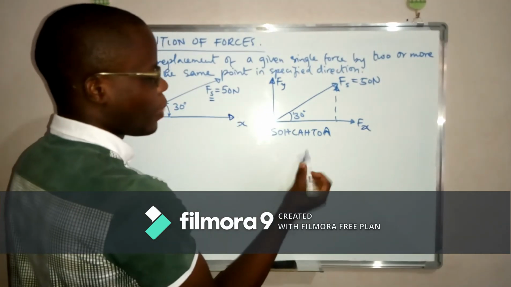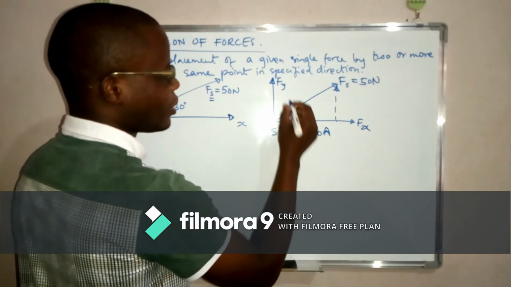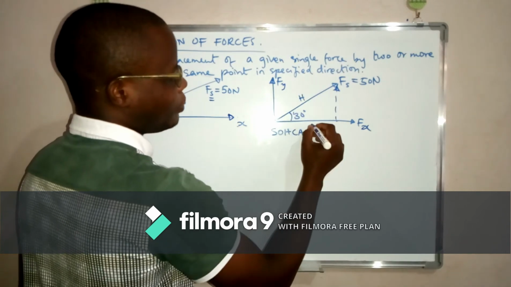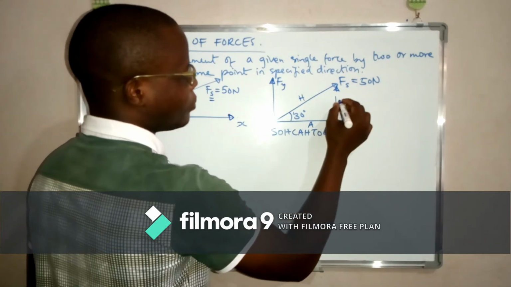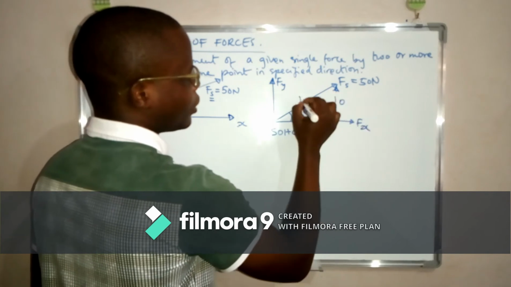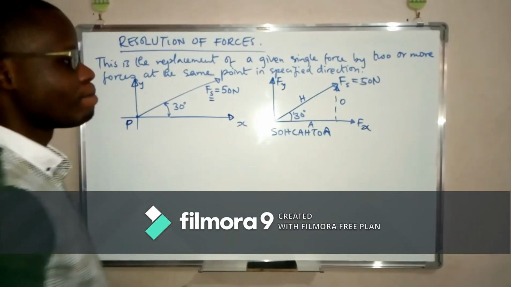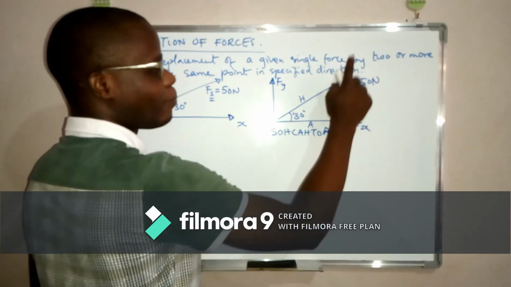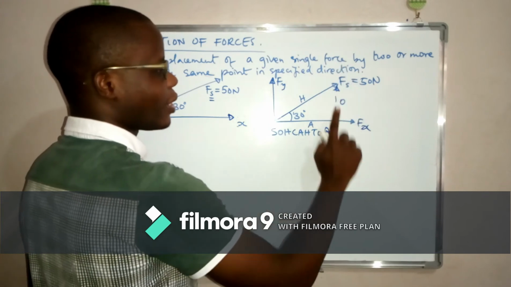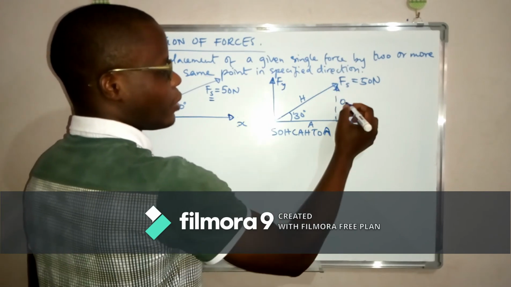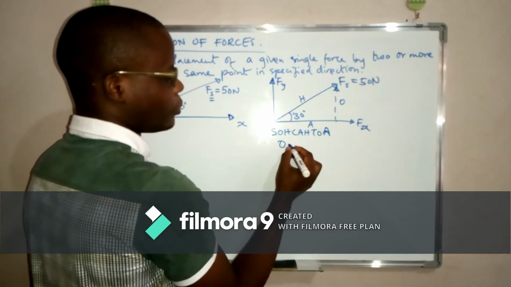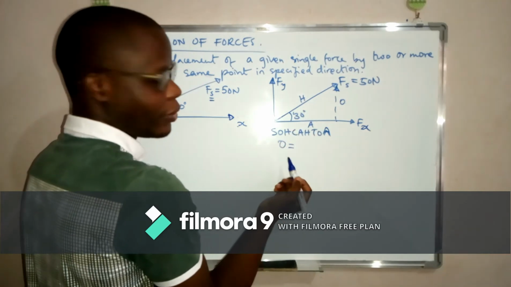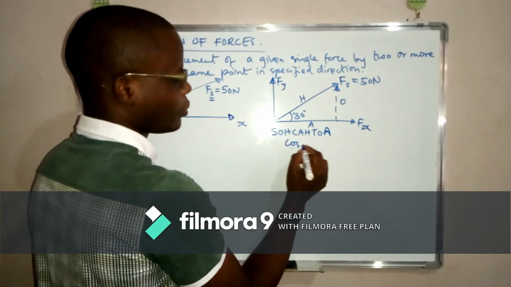So for us to get Fs in the y direction, this is hypotenuse, this is adjacent, and this is opposite. So to get Fs in the upward direction, or the vertical direction, we have adjacent and hypotenuse, so we are going to use cosine.